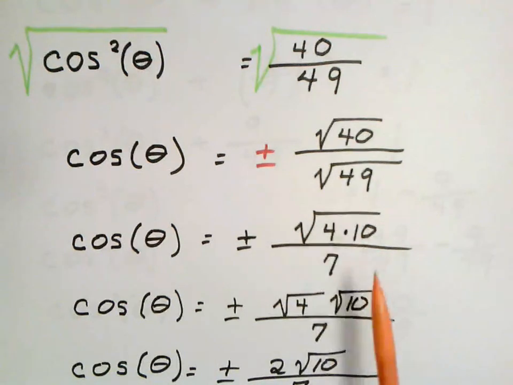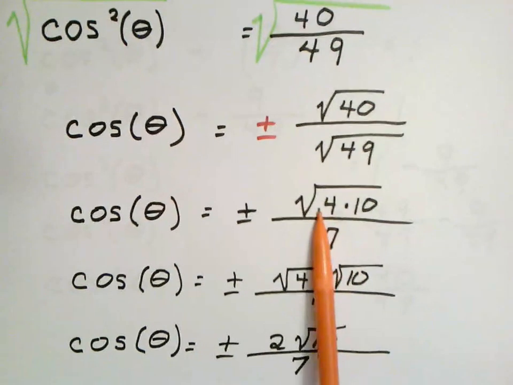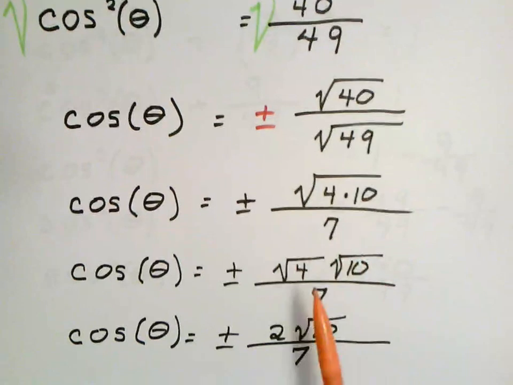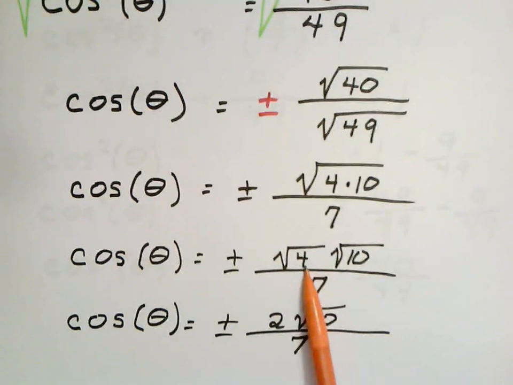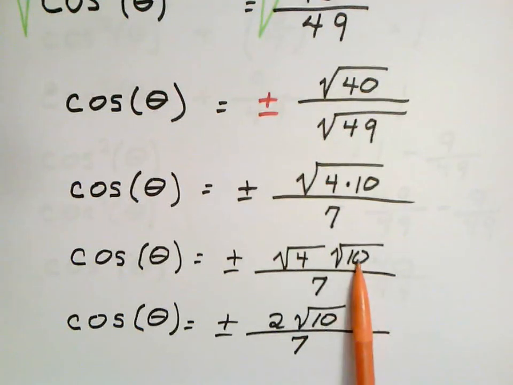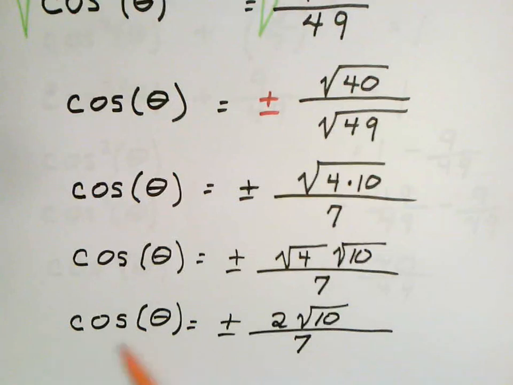The square root of 49 is 7. Well, the square root of 4 times 10 becomes the square root of 4 times the square root of 10. The square root of 4 is 2. 10 cannot be simplified anymore, and we have a 7 in the denominator. So cosine of theta is equal to plus or minus 2 times the square root of 10 over 7.